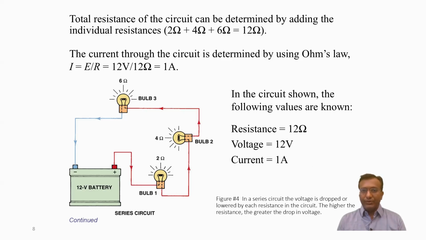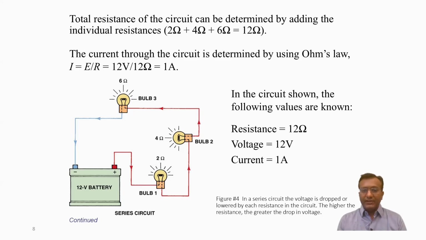For that, we have to use Ohm's law. We have to identify the current flowing in this circuit. The total resistance is 2 plus 4 plus 6, that is 12 ohms. Now, 12 volts divided by 12 ohms gives 1 ampere of current flowing through the series circuit.